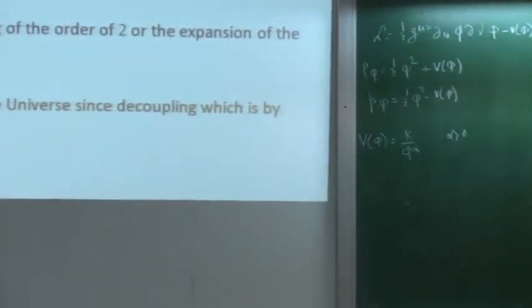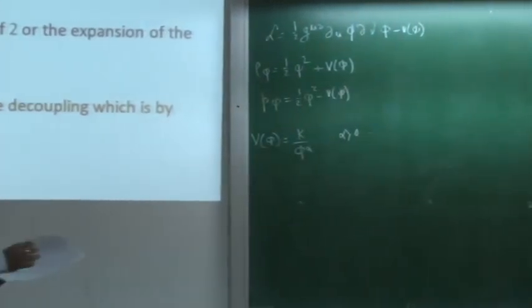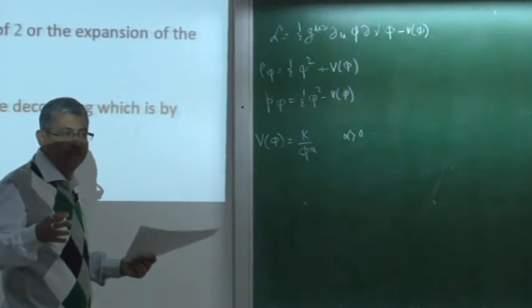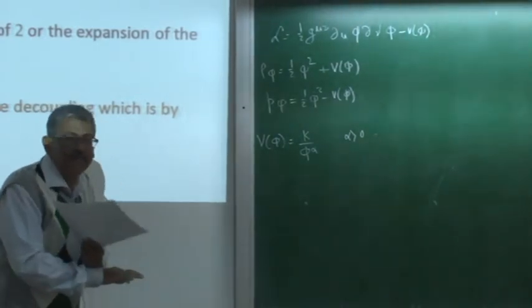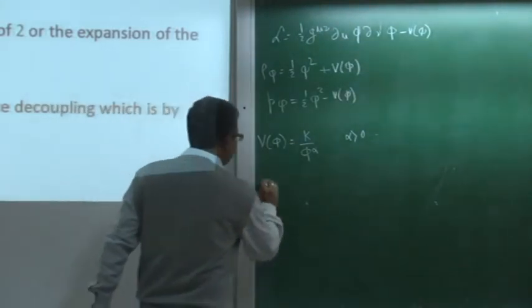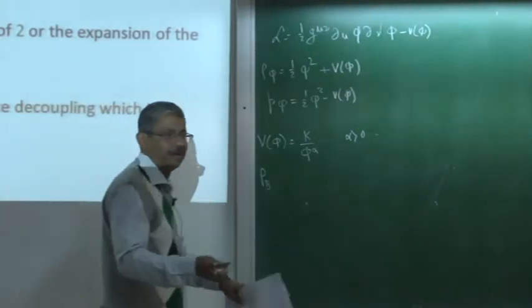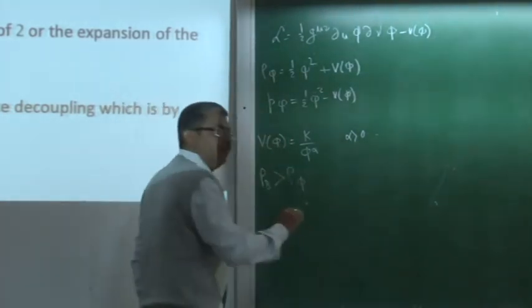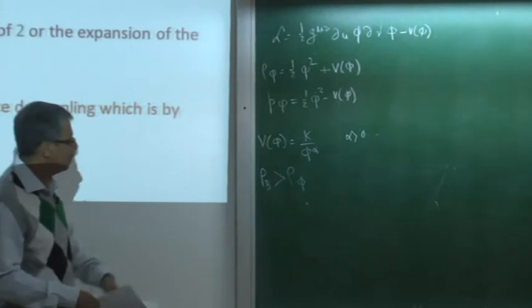In the early time, obviously, the matter is dominating and the dark energy is not dominant. So the universe evolution in the early time is given only by the matter. Dark energy is there, but because rho b, the background matter or radiation or whatever, is greater than rho phi, the background evolution is governed by this rho b.